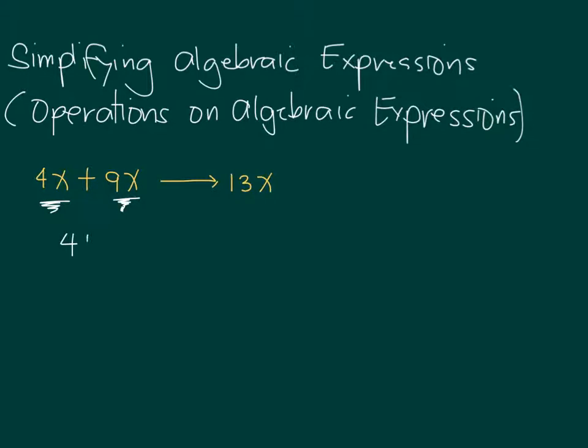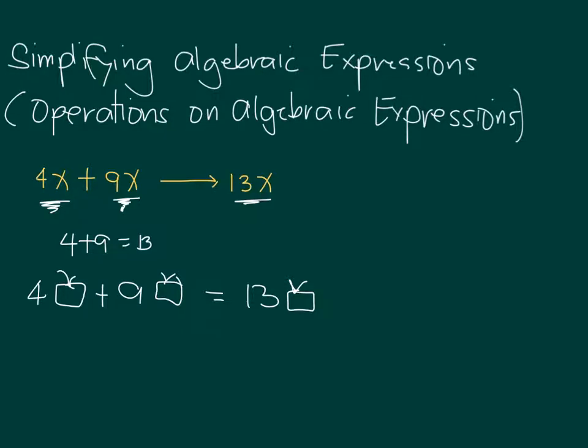So 4 plus 9 is 13. So I have 13x. Some people will explain this as thinking of x as an object, like an apple or a fruit. Any example of fruit, plus 9 of that same fruit, will give you 13 of that fruit. So 4x plus 9x is equal to 13x.